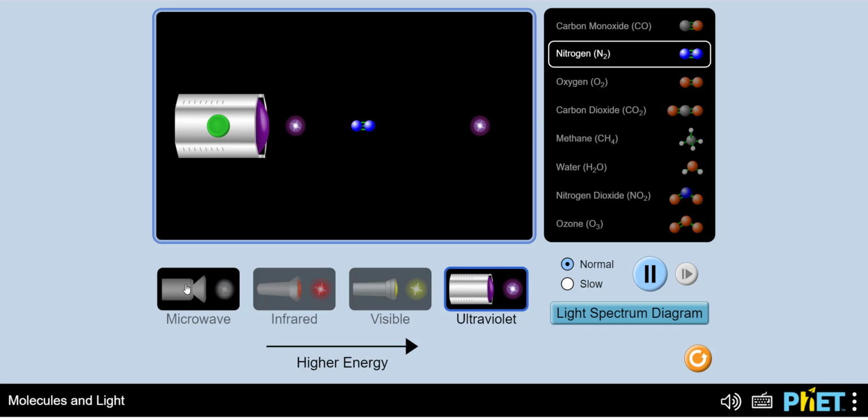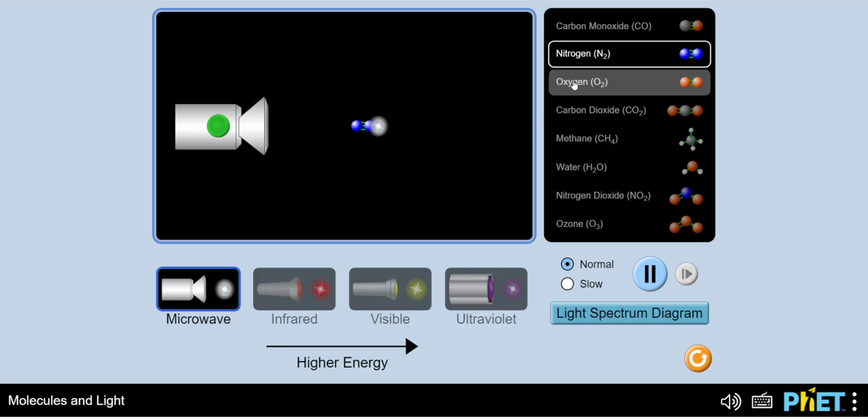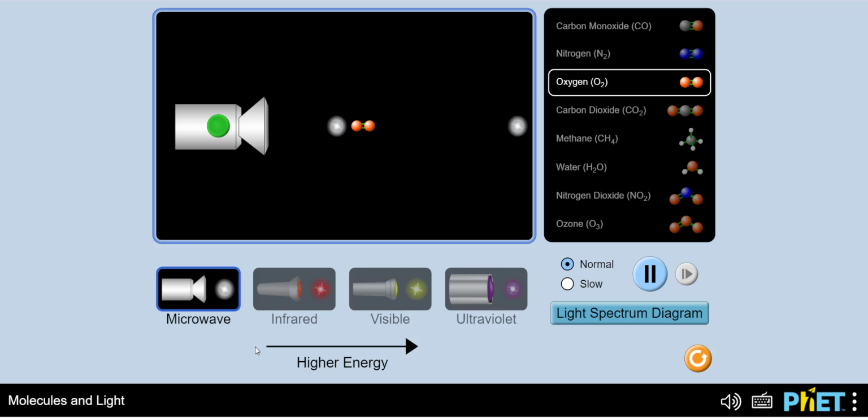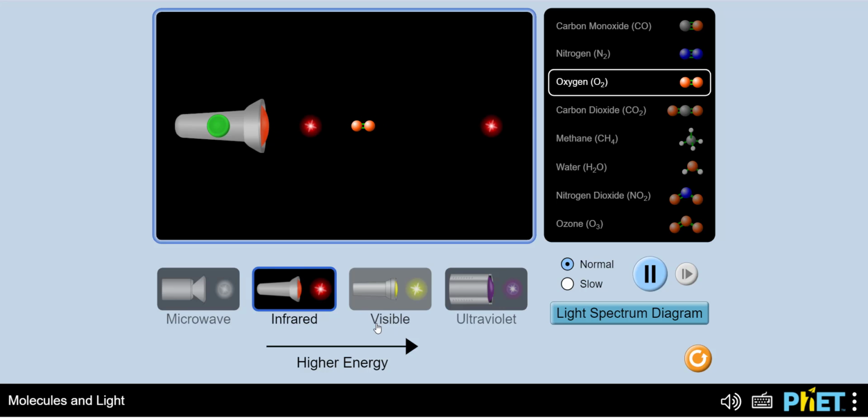Okay, going back to microwave and switching to oxygen. Switching to infrared. Switching to visible light. And ultraviolet.